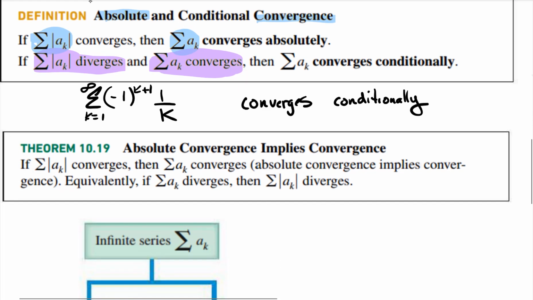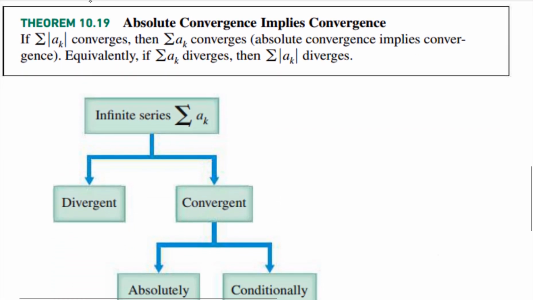Now, what's this other theorem say? So, if the absolute value of the series converges, then without the absolute value, that's also going to converge. Absolute convergence implies convergence.